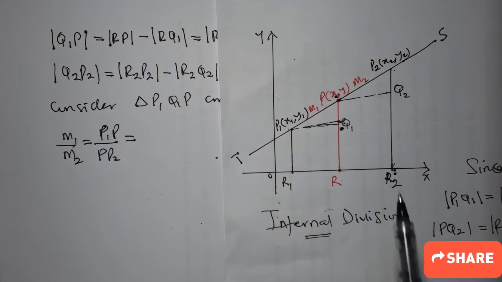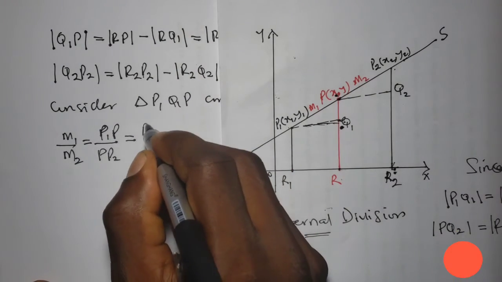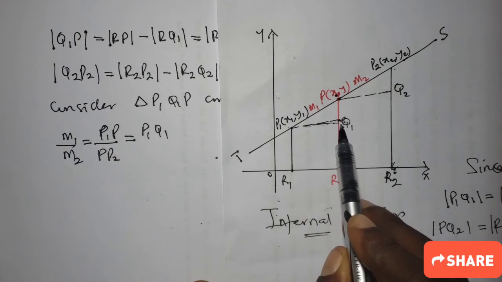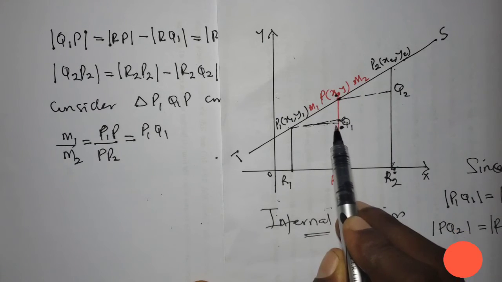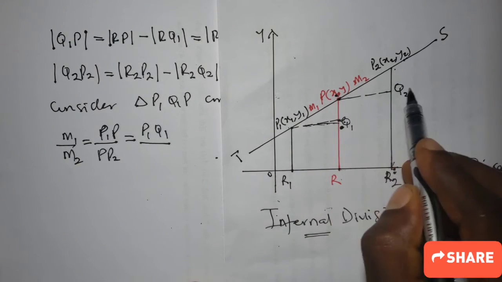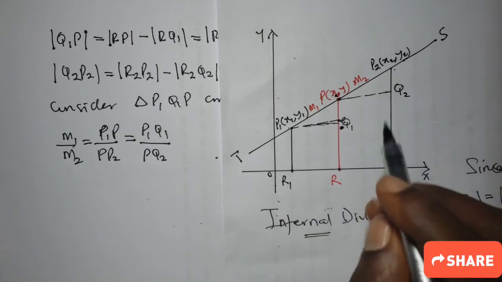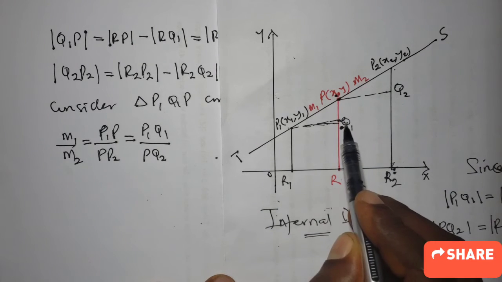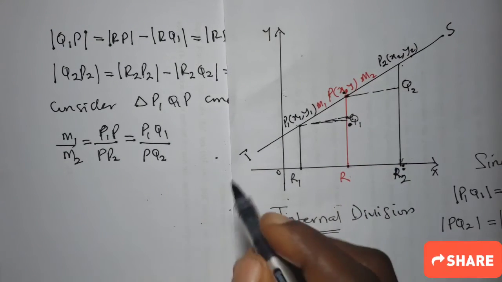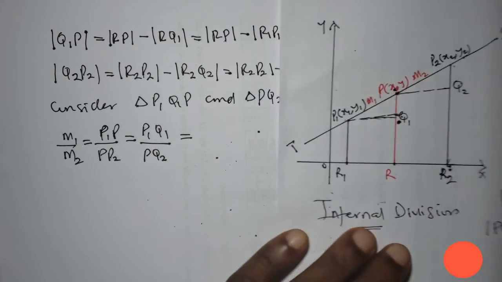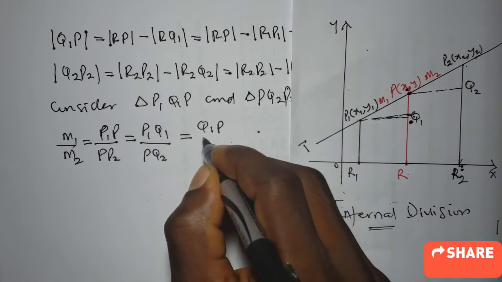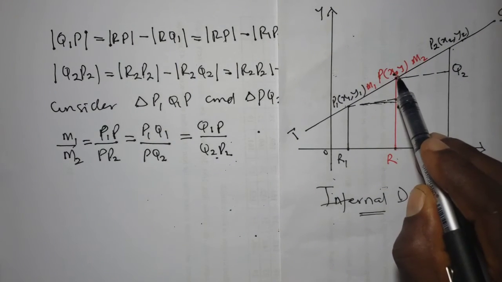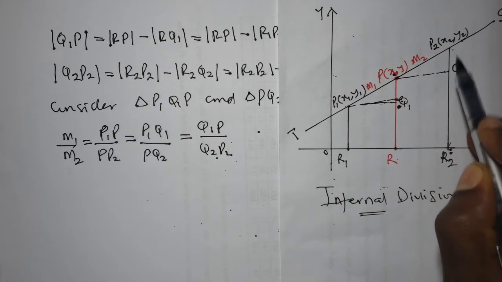And this is equal to P1Q1 over PQ2, since the triangles are similar, so their sides are in a ratio. This is equal to, again, Q1P over Q2P2, this other side here.